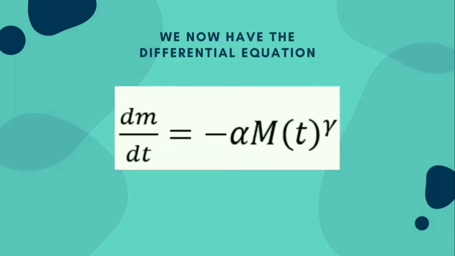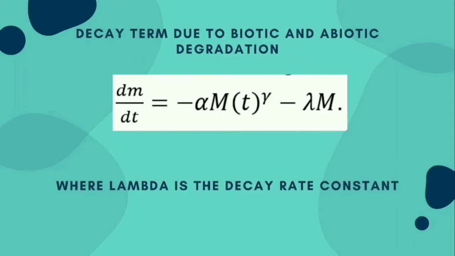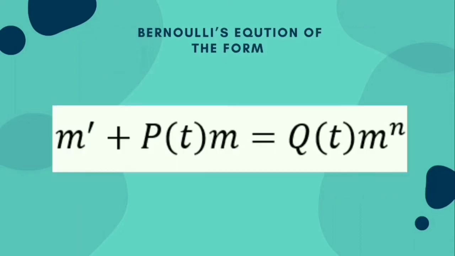And after some calculations, this is the final equation. We also add the decay term due to biotic and abiotic degradation, which is proportional to the mass. Then we have this equation, and lambda represents the decay rate constant. Now we form Bernoulli's equation.